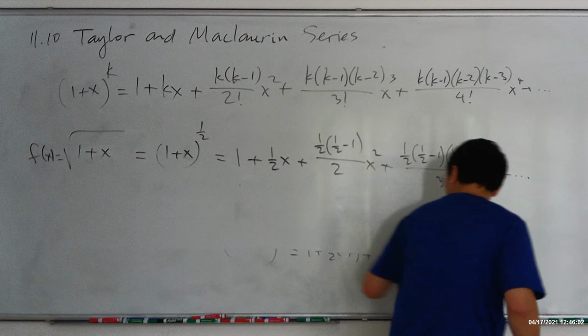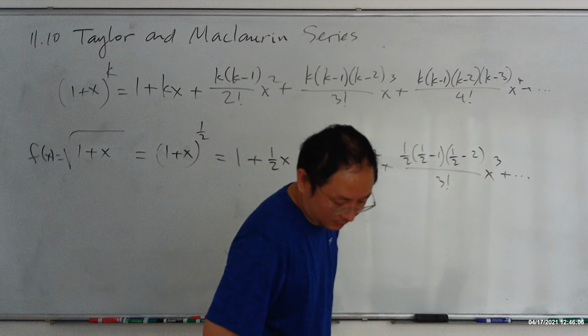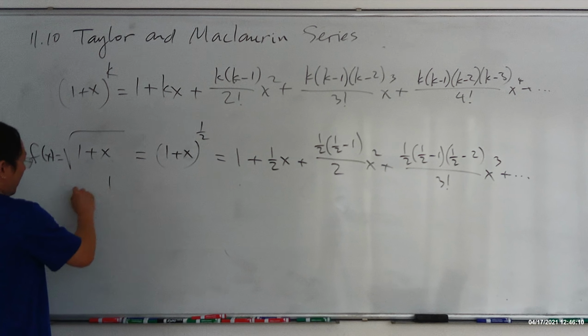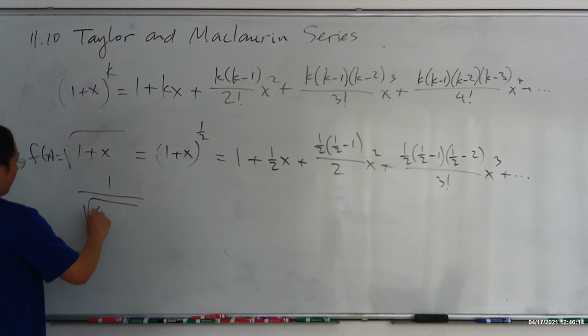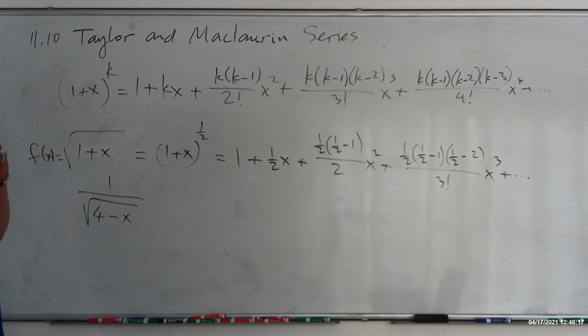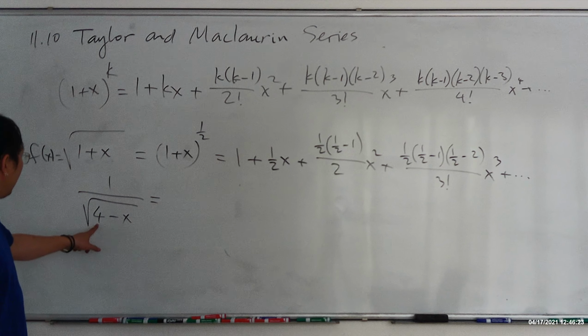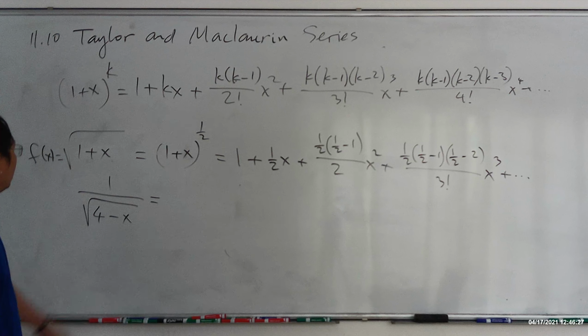Let's try another one. Let me look for one. Okay. How about this? 1 over square root of, how about say, 4 minus x. Okay. So first of all, I would try to make it look like 1 plus some variable instead of 4.